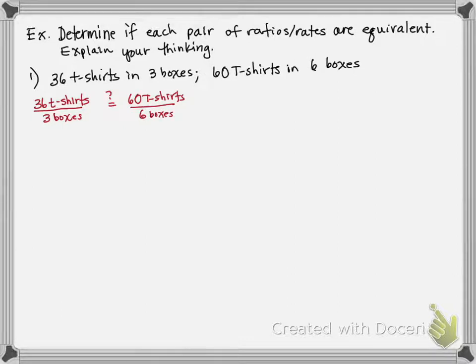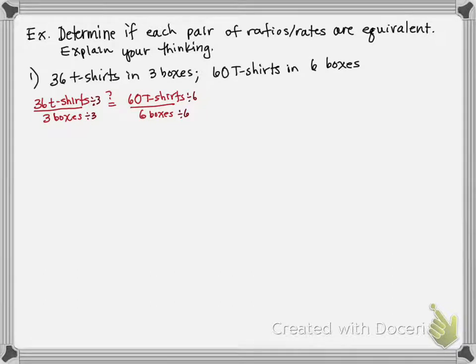So we're going to do unit rates. That means I'm going to divide top and bottom of the first fraction by 3, and I'm going to divide top and bottom of the second ratio or rate by 6. So let's see, what does that give us?